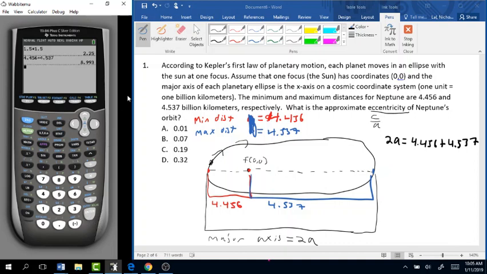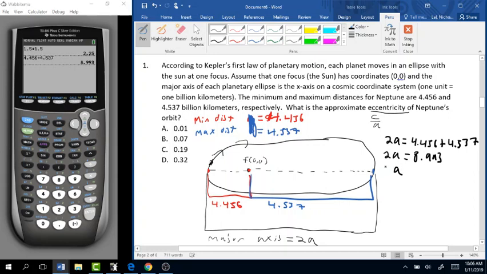So that value will be equal to 8.993. So 2a will be equal to 8.993, which means a will be equal to, divide this by 2, 4.4965.